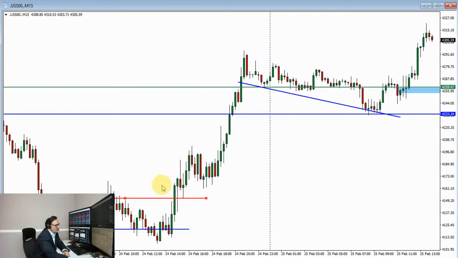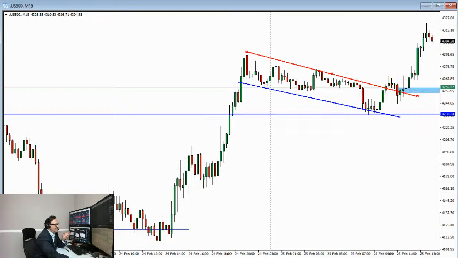Anyway, I decided to enter up here again, and I moved my stop loss higher and higher subsequently, and I'm in this trade. This is yesterday's rally, and then overnight Asian trading, sideways, a little bit of a dip shortly after European markets opened, and then we saw a breakout again.